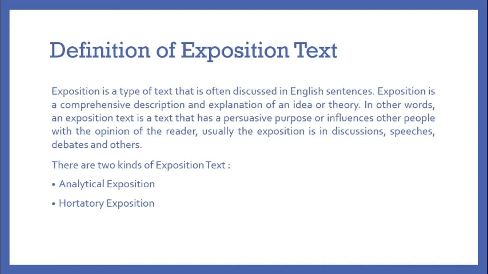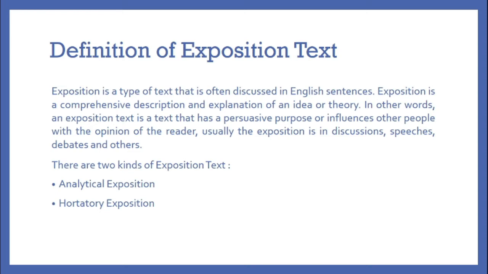Exposition is a comprehensive description and explanation of an idea or theory. In other words, an exposition text is a text that has a persuasive purpose, to influence other people with the opinion of the reader. Usually, the exposition is in discussion, speech, debate, and others.